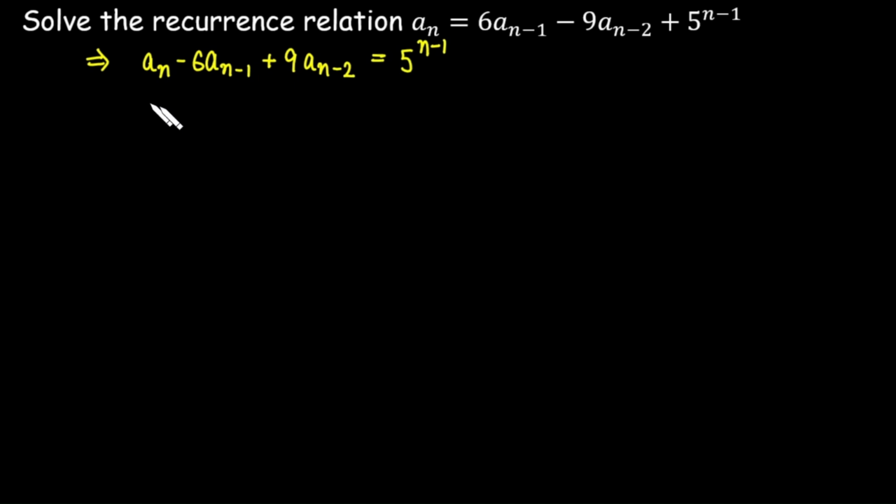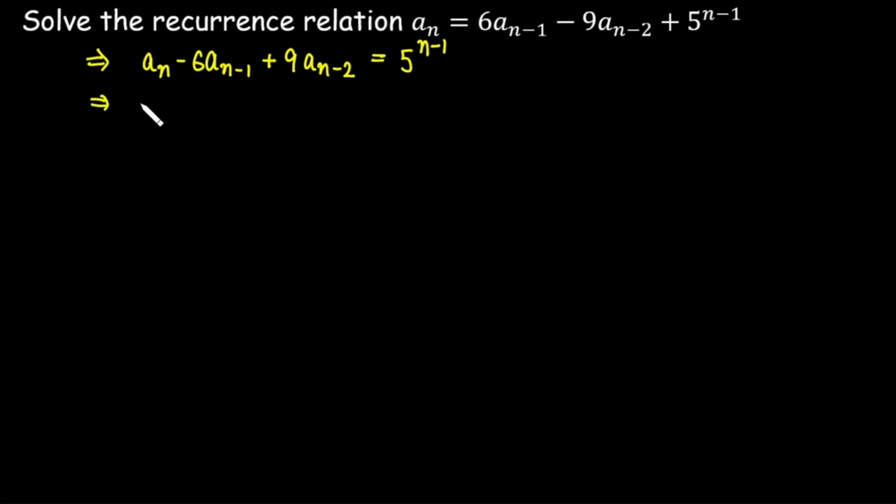In this case, the first step is to eliminate the negative index if it contains one. It has n minus 1 and n minus 2, so we need to remove the negative index. The minimum number of times we need to apply the shift operator is 2.